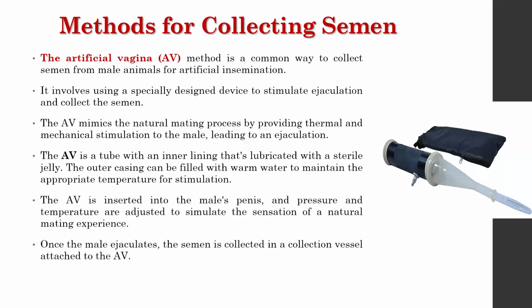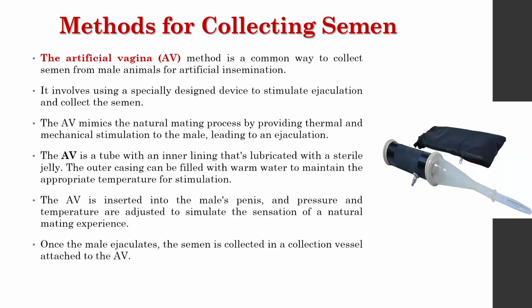The AV equipment is an imitation of the vagina of the doe. It is available in the market for different species in different shapes and sizes according to the male's requirement. It has 3 main parts.